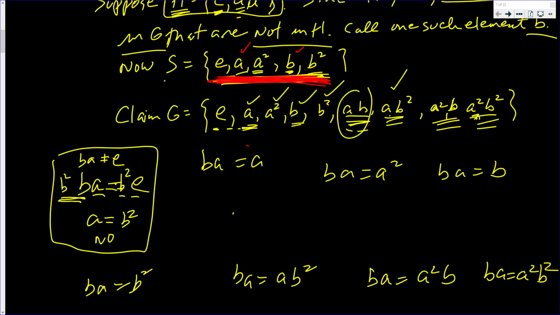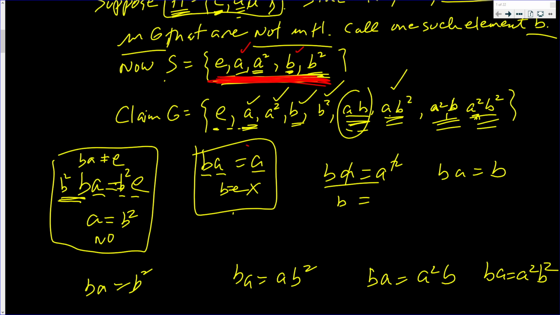Well, if you multiply something by A and you get A, then B equals E. But that's a contradiction. B and E are different. Here, on this one, if I kill off an A on the right side of each side of the equation, I get B equals A. But that's not true. If you multiply B by something and you get back B, that implies A is equal to E. No.